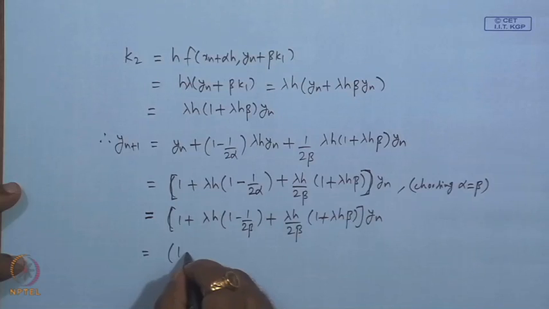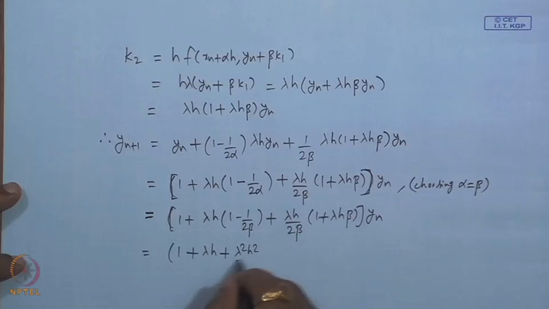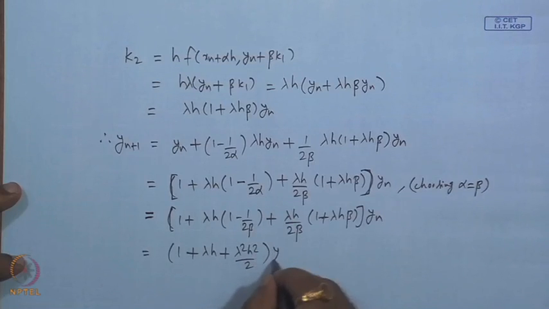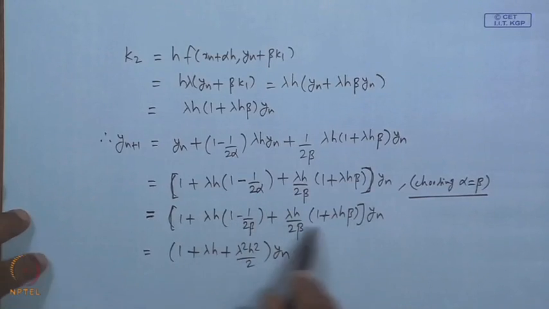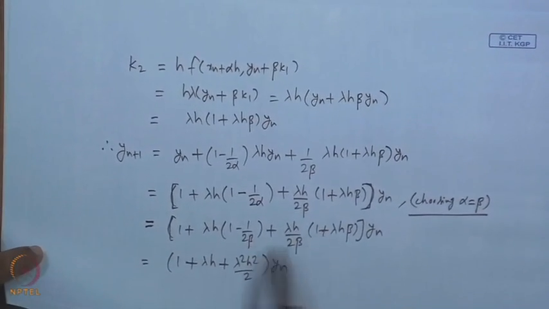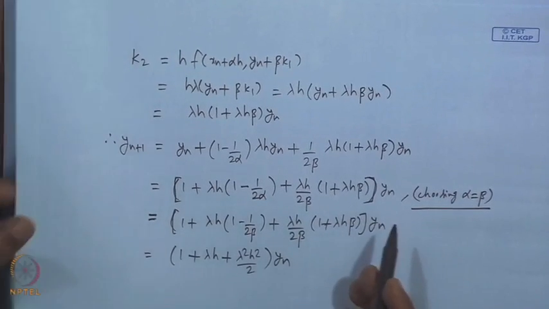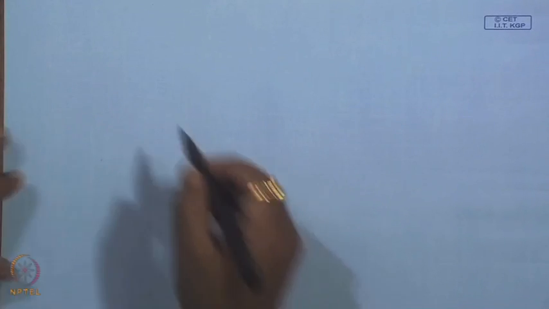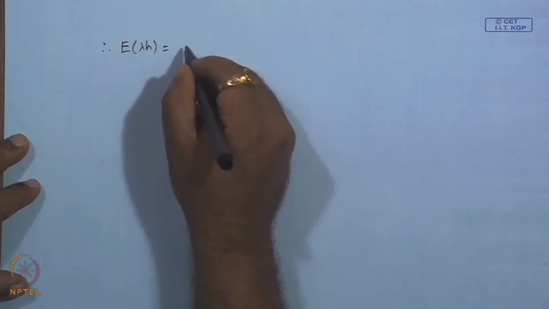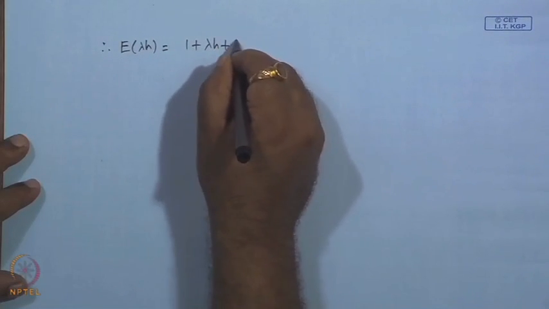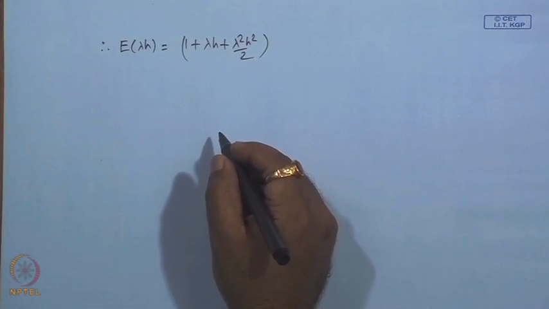So, we get 1 plus lambda h plus something into y n. Okay, this is a special case, otherwise you get very complicated expressions. So, the range of the interval will consist of alpha and beta and lambda h. Okay. So, at least in this case it gets simplified. So, therefore, E of lambda h is 1 plus lambda h plus lambda square.